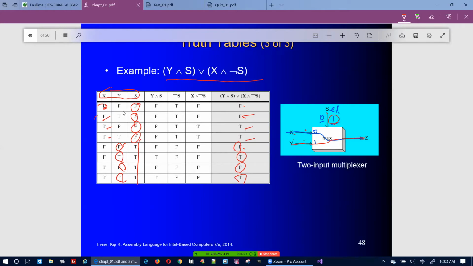Let's say you have a multiplexer, and it's got 4 inputs, 1, 2, 3, 4. How many selector inputs do you need? For 2 inputs, you just need 1 selector input. If you have 4, how many selector inputs do you need? And that's a question on something.